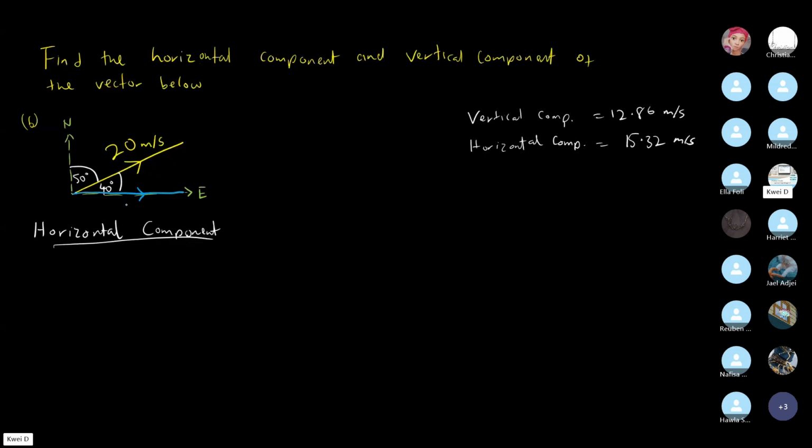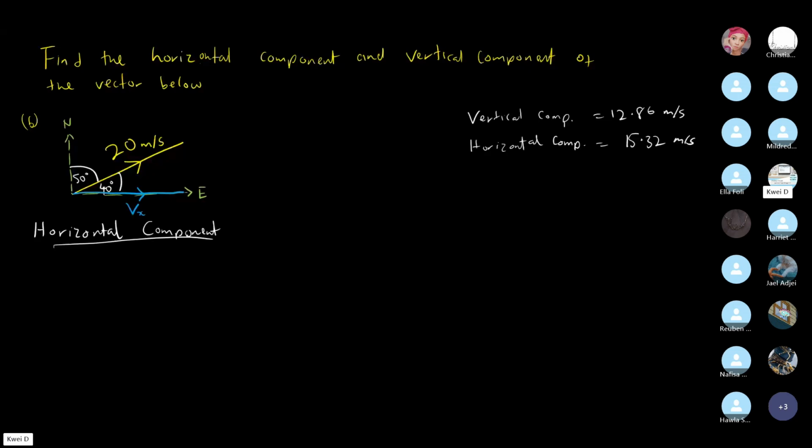It's not set in stone that you should always use F. F means force, V velocity. So let's use the bottom right angle triangle. We can see that the Vx is adjacent.